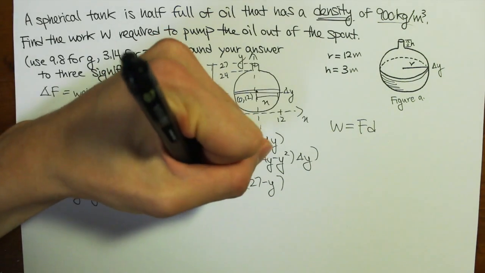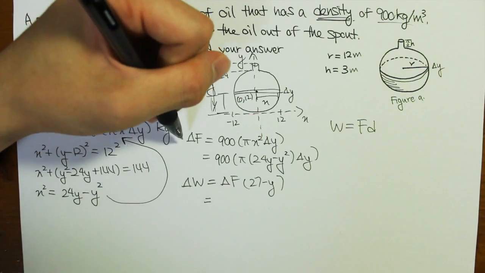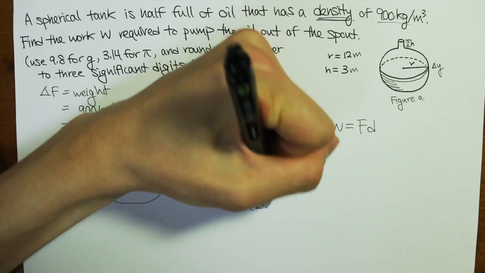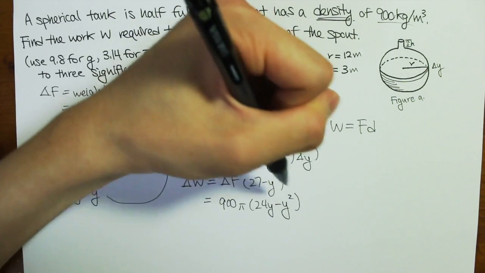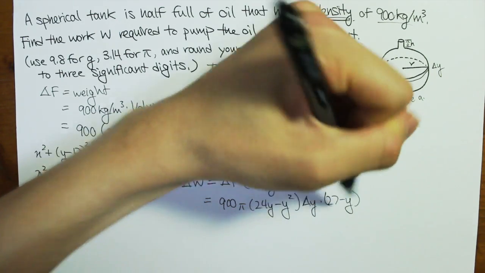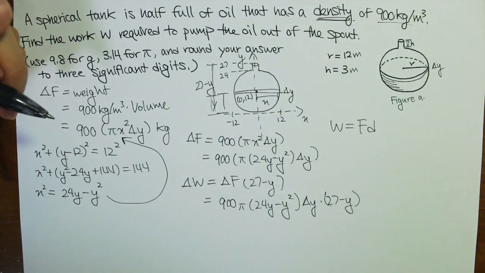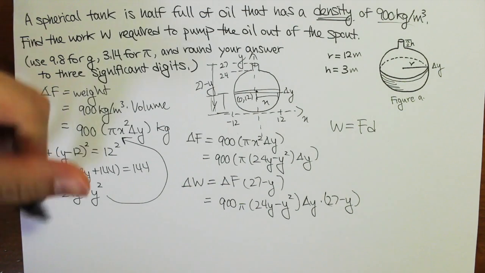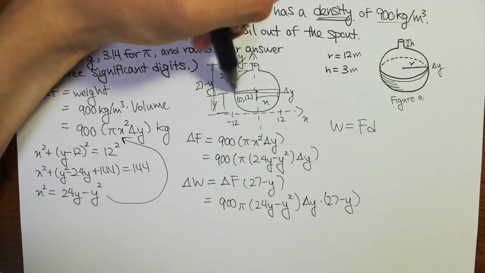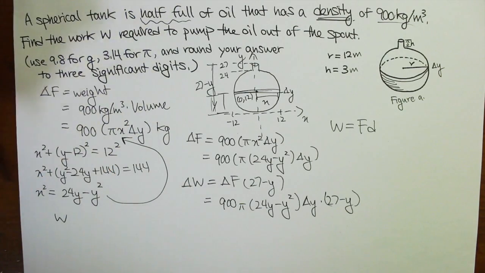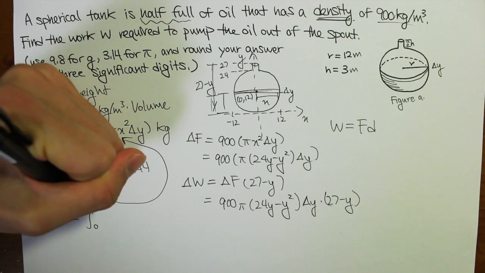So if we plug in the change of force function, the change in work comes together as 900 pi times (24y minus y squared) times delta y times (27 minus y). Now all we have to do is integrate to find the work required to empty this tank of oil. Because the tank is half full of oil, the integration would go from 0 to 12.